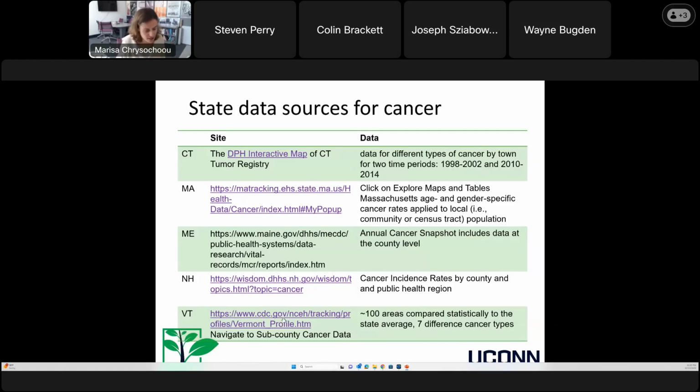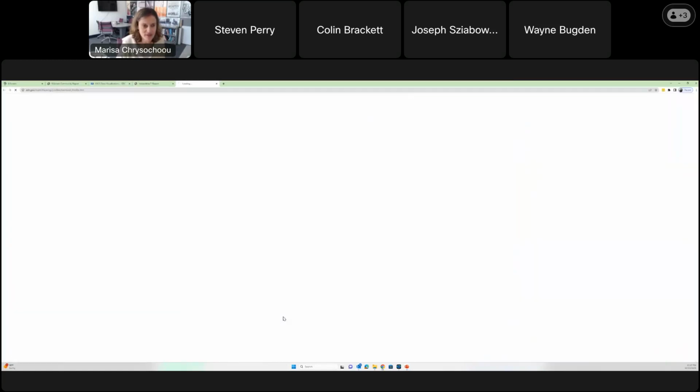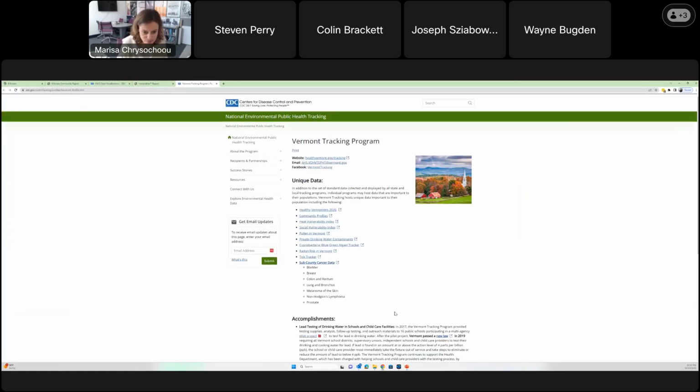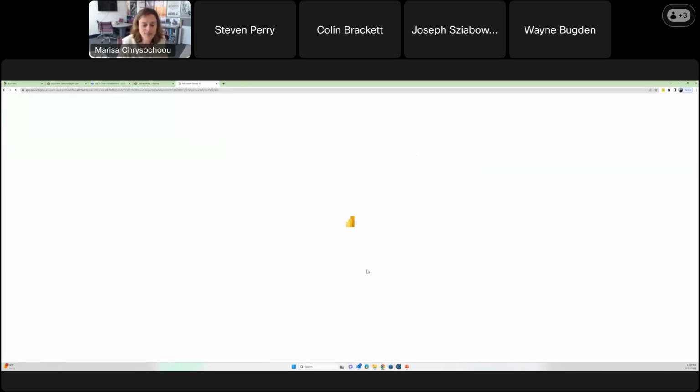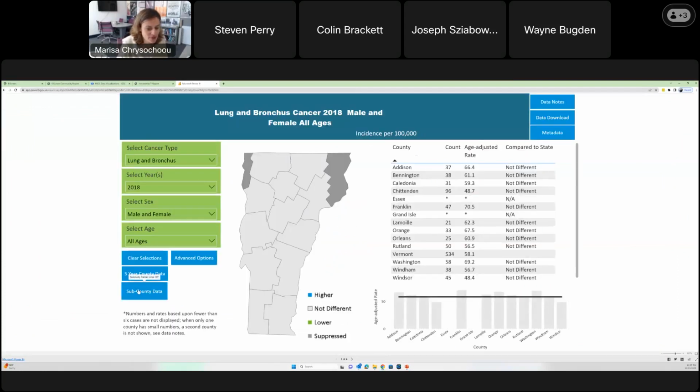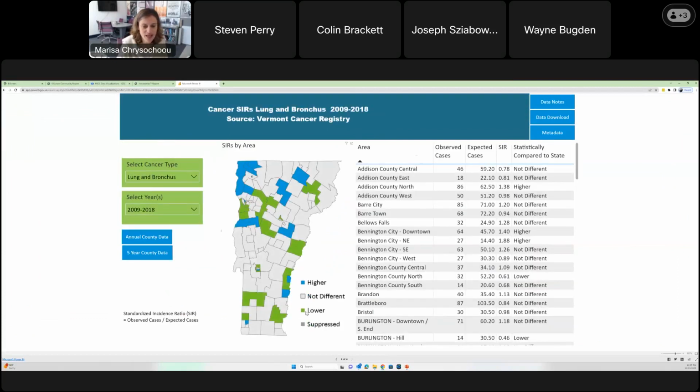provides, I will actually click on that and show it to you very quickly, you can click on sub-county cancer data. And look at sub-county data. Now you're going to see different units, so you're looking for your target area here.